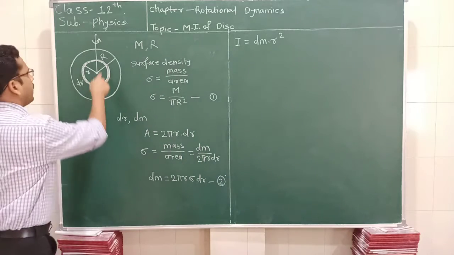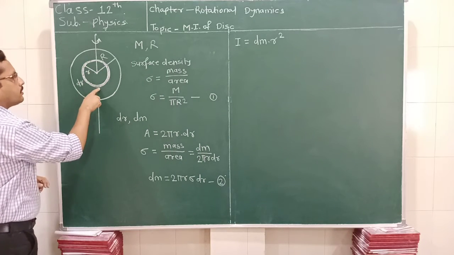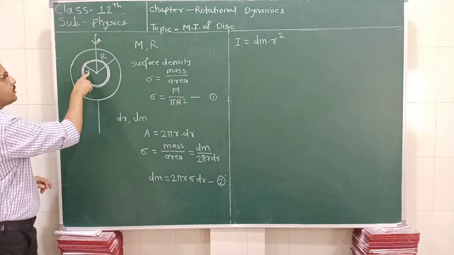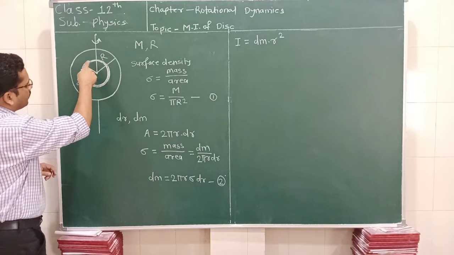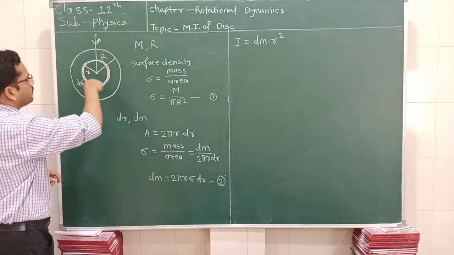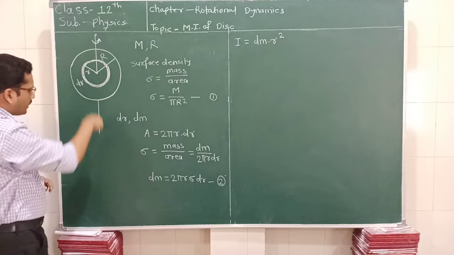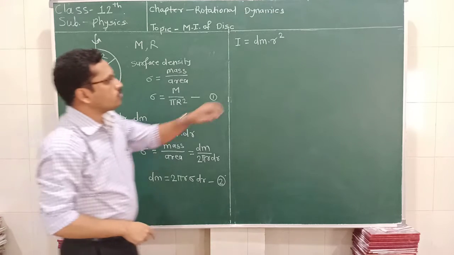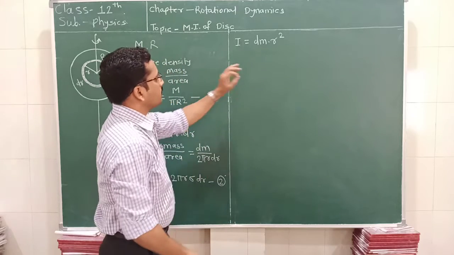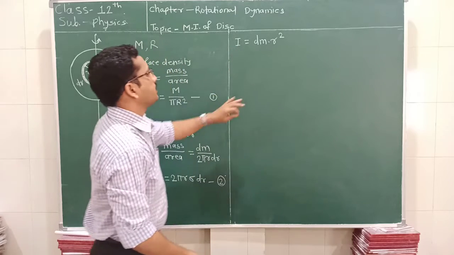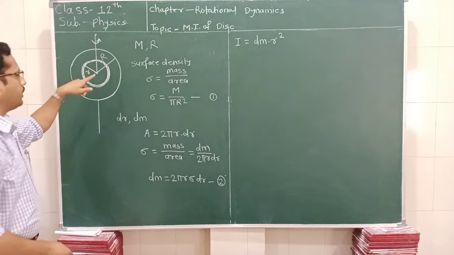Here, this elemental ring has mass dm and its distance from the axis of rotation is small r. Therefore, the moment of inertia of this elemental ring about the axis of rotation is dm multiplied by r square.